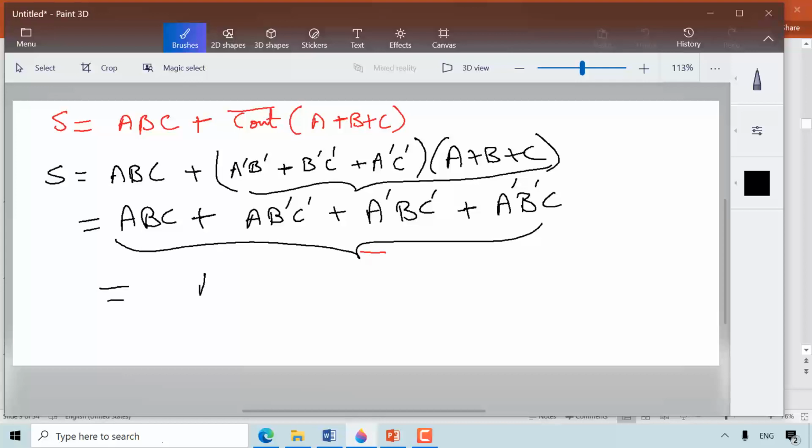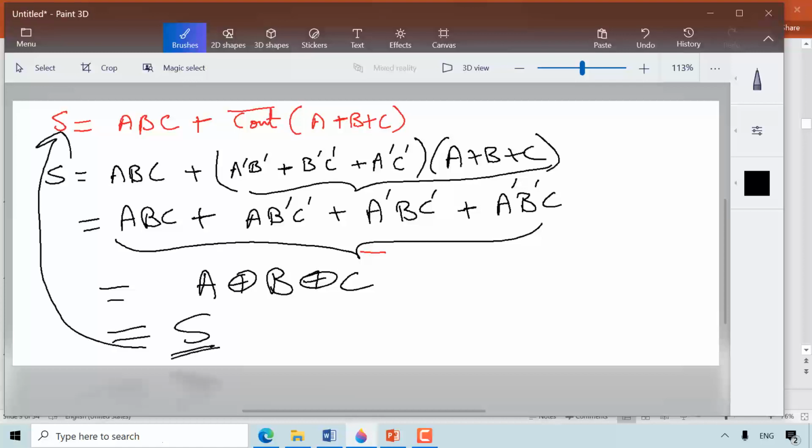It is nothing but A exclusive or B, exclusive or C, which is equal to the sum. So now we've proven that this expression is the sum.